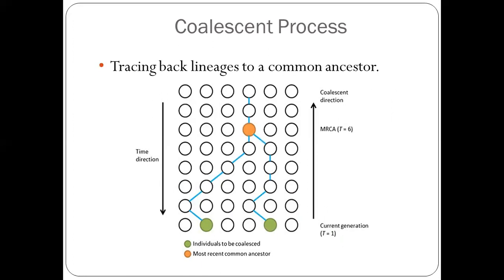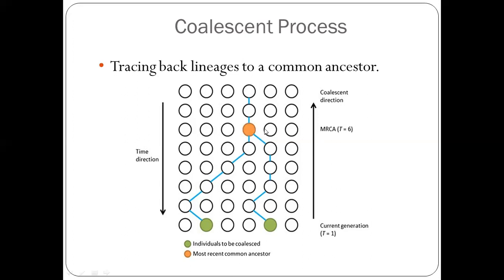So, in this example, we consider two individuals, the two green circles at the bottom, whose lineages are traced backwards, or upwards in this case, until they meet a common point, which is the common ancestor for both of these individuals. The common ancestor is called the most recent common ancestor, or MRCA, which is represented by this orange circle.